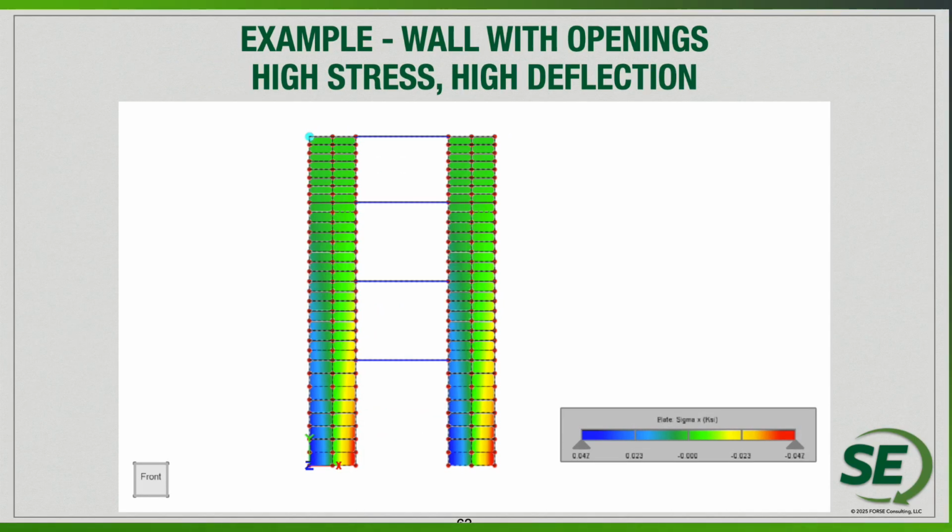You're going to see a much higher deflected shape. So you do lose a lot of capacity anytime that you put a joint, say at an opening or at both sides of the opening, and create individual towers instead of an overall perforated shear wall.